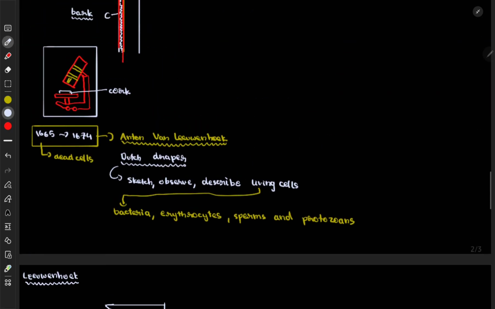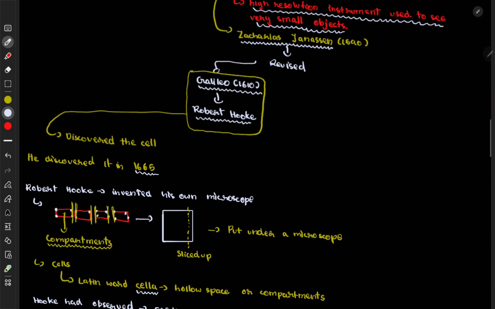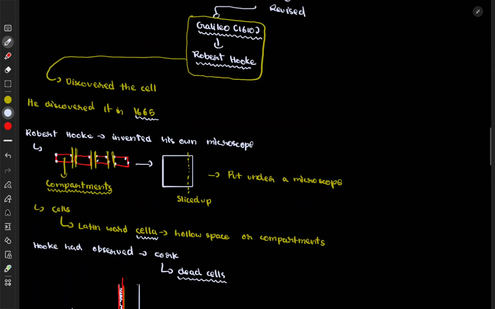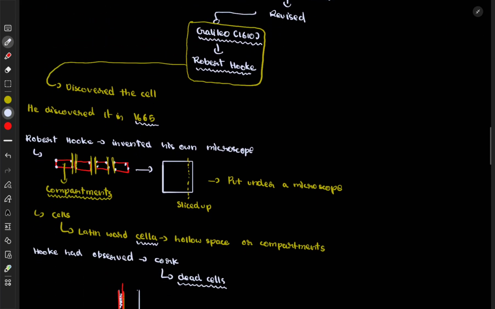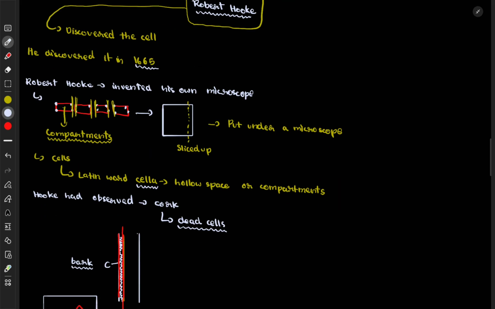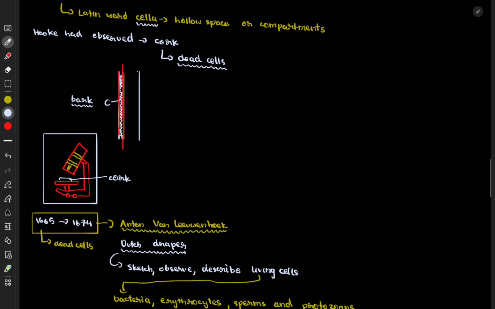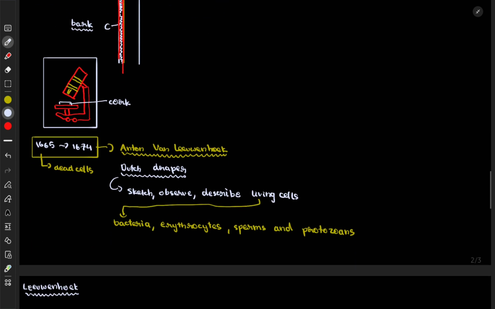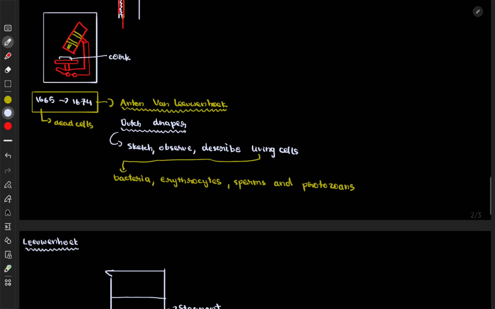Now let's have a recap. We have a first person called Robert Hooke, who had invented his own microscope. He had observed cells, divided into many compartments which were partitioned out. He called these compartments cells. Later many people understood that he had observed dead cells. Then a person came called Anton van Leeuwenhoek.